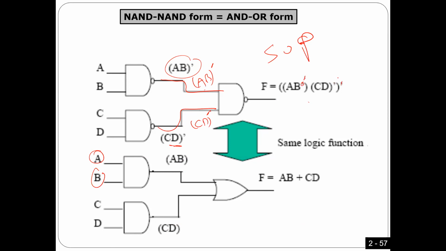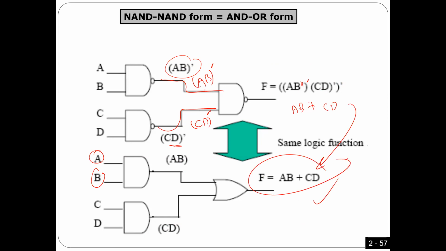I just got some slide from somewhere, but thanks for the catch, because it would confuse the students. So actually this one is not here, it's here. And then if you do De Morgan, it becomes AB or CD, which is equivalent to this one. Thanks. Any questions? Okay.